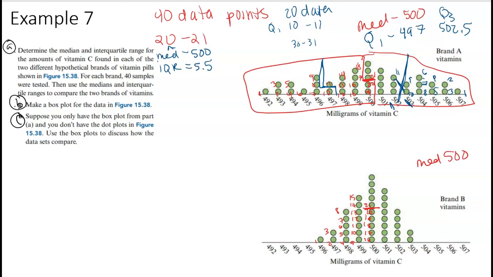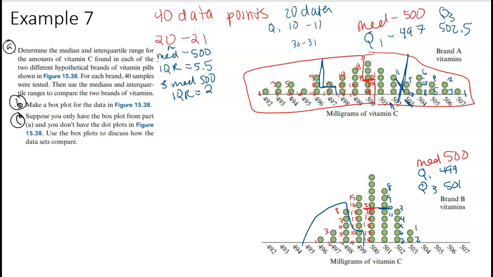Okay, now our Q1 is going to be between 10 and 11 still, so right there. So Q1 is 499, but we need to get our Q3. So I'm starting from the top. 1, 2, 3, 4, 5, 6, 7, 8, 9, 10, 11, right there. So it's going to be 501. So for B, our median is 500 and our IQR, subtracting those two numbers, is 2.